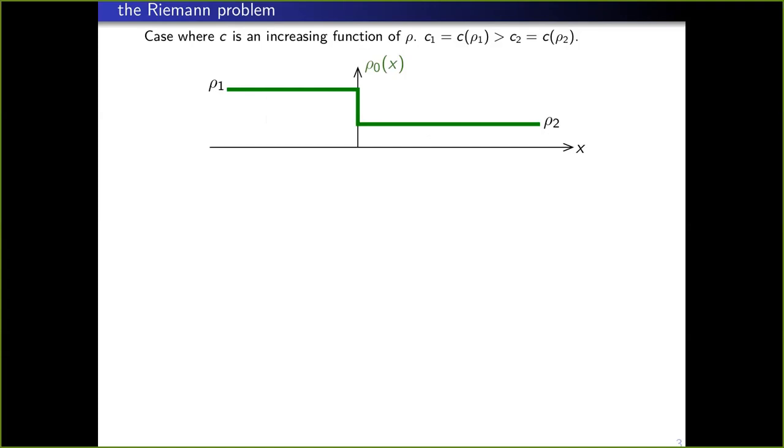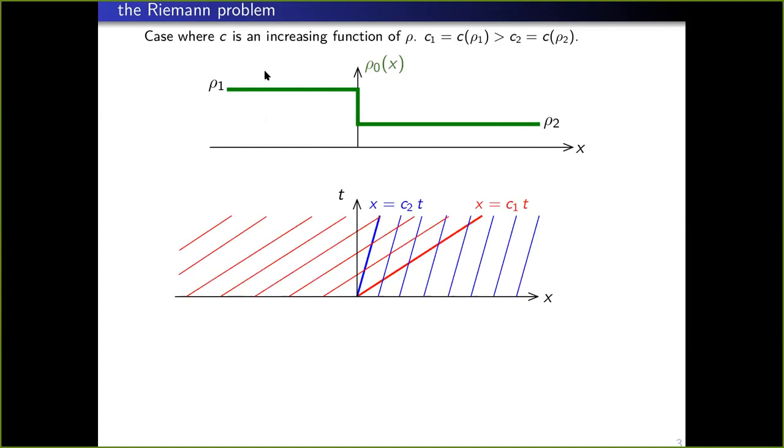So the method of characteristics tells us, we saw that already, that this red line corresponds to a motion with velocity c1, and the limiting case is just at point 0 here, x equals c1 t.